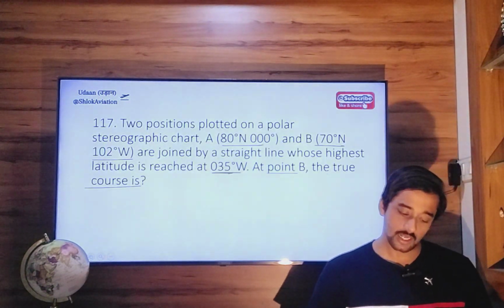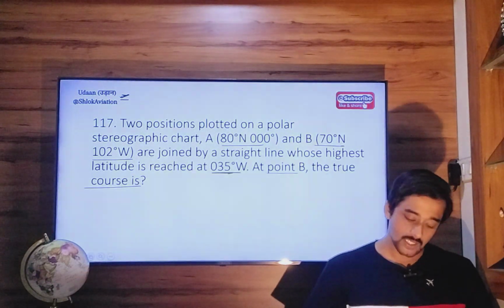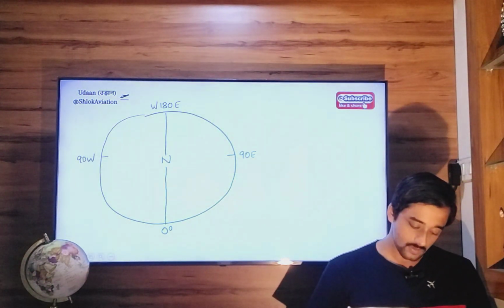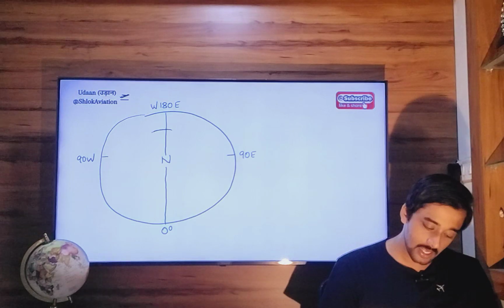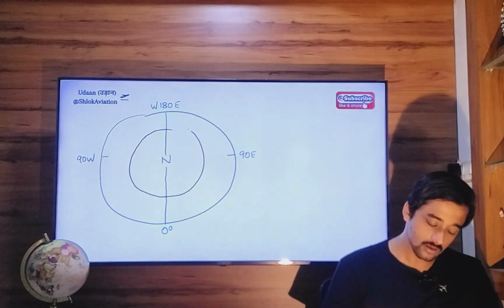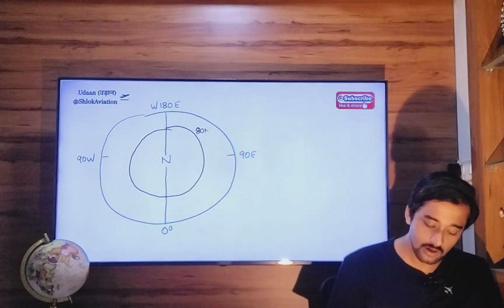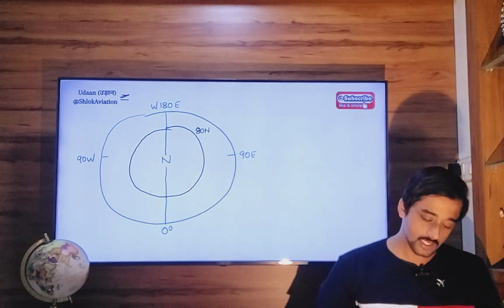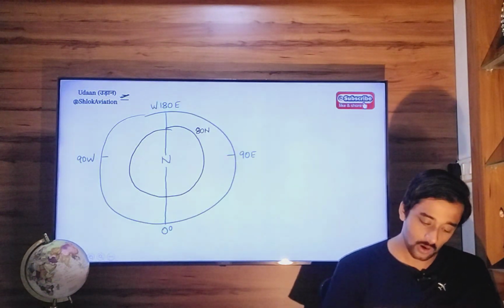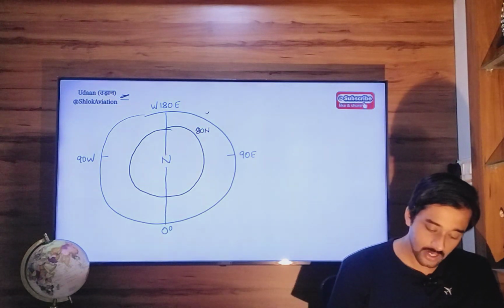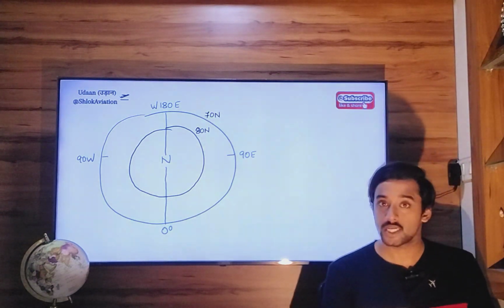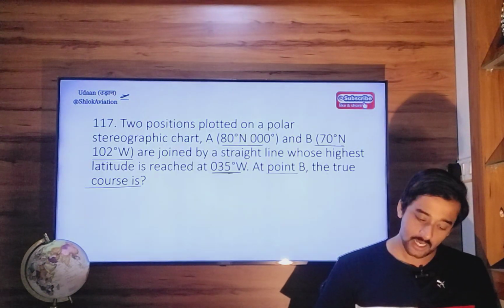Now the first position is 80 degrees north and the other is 70 degrees north. So let's say this is your 80 degree north latitude, and this outside circle is 70 degree north latitude. So 80 degree north, prime meridian.